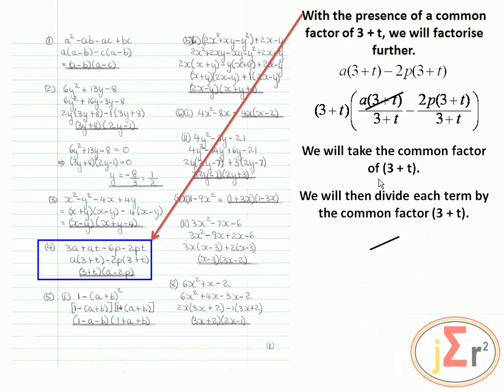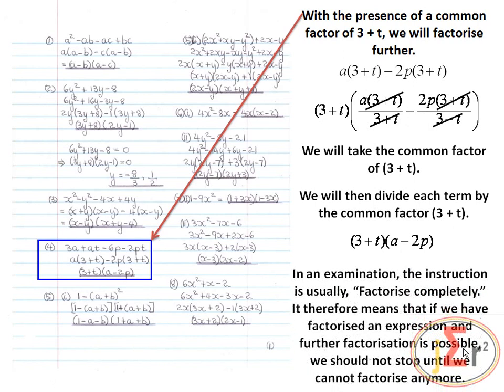And what will happen? Those are gone. So we have left right there only a and negative 2p. So we have 3 plus t first, and then we have a minus 2p, and that's all there is to it.